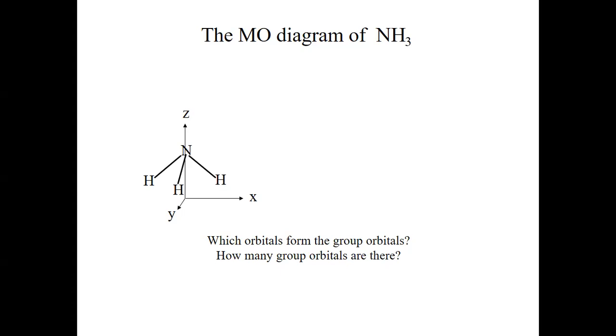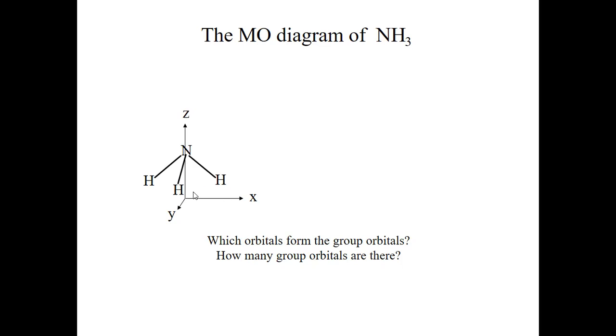So what are the first steps to do? Well, I have to be clear about the point group. And the NH3 molecule is a pyramidal molecule, belongs to the point group C3v. So the next step is that we define the axes. And one useful way to define the axes is to let the x-axis point to the right and the z-axis point to the top.